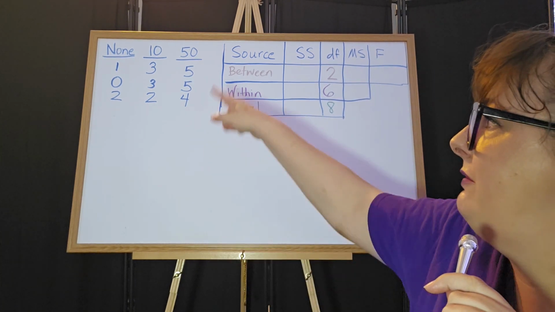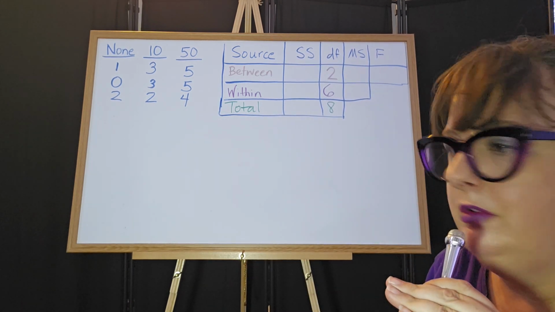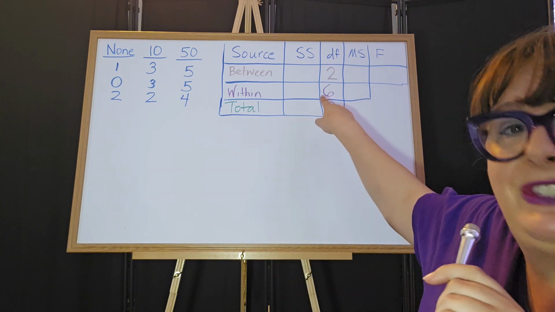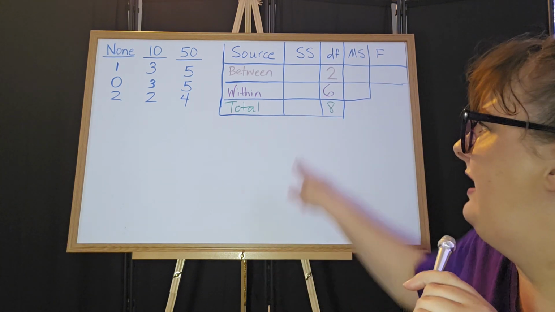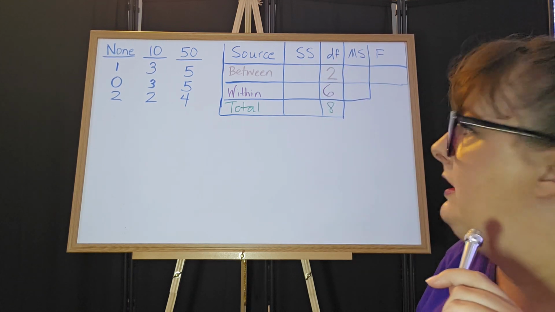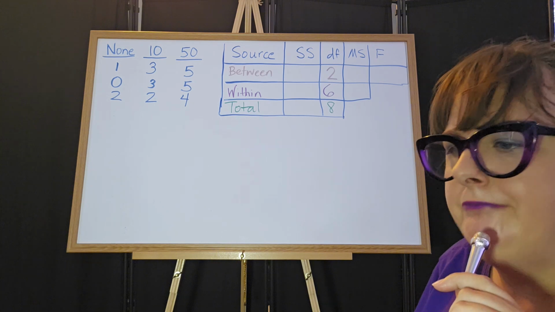We have 3 within a group, so 3 minus 1 is 2. K is 3, so 3 times 2 equals 6. And then how do we get degrees of freedom total? You just add them up. 2 plus 6, and so you get 8 for your degrees of freedom total.